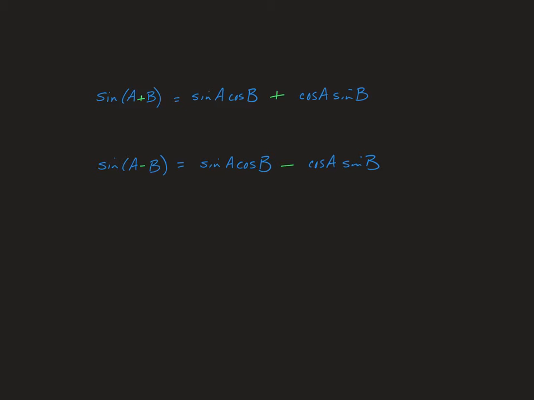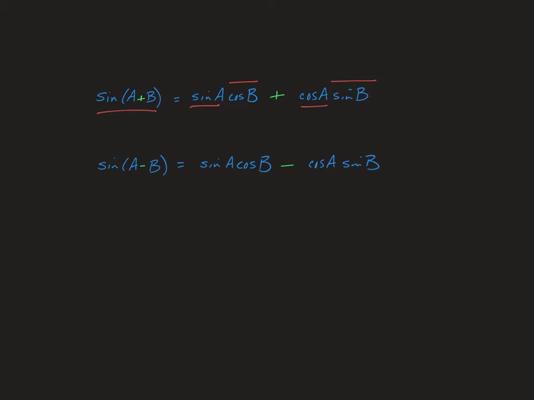For me to break down the sine of A plus B, it is sine of the first, cos of the second, cos of the first, sine of the second. Notice that my angles A and B alternate. Notice that my ratios alternate. And notice that none of those four ratios are the same.